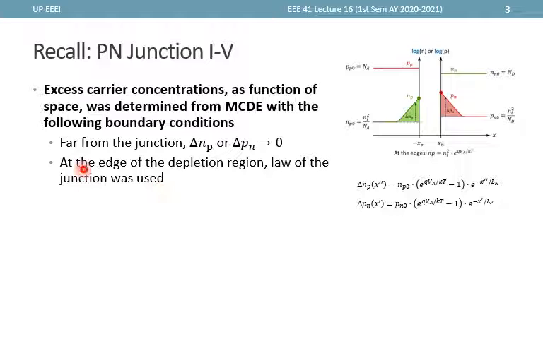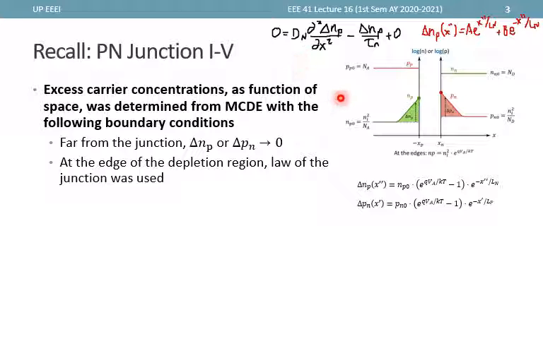While at the edges, we use the law of the junction to determine the carrier concentrations at the edge of the depletion region and use that to compute the excess carrier concentration at the edge of the depletion region, knowing np naught and pn naught.